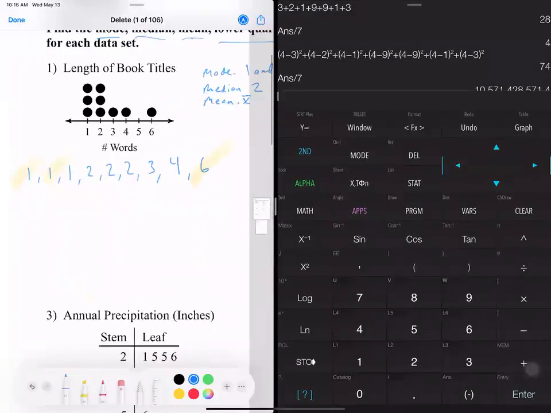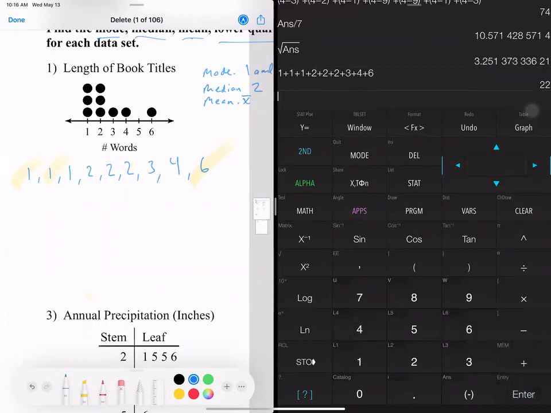We add up our values: 1 plus 1 plus 1 plus 2 plus 2 plus 2 plus 3 plus 4 plus 6. Add them all up, we end up with 22.